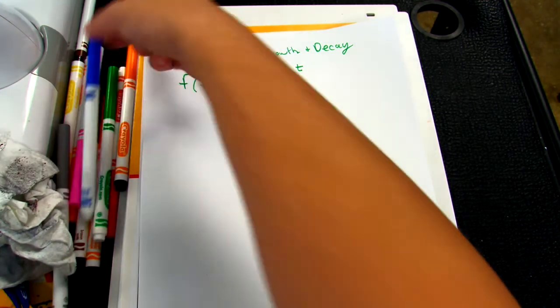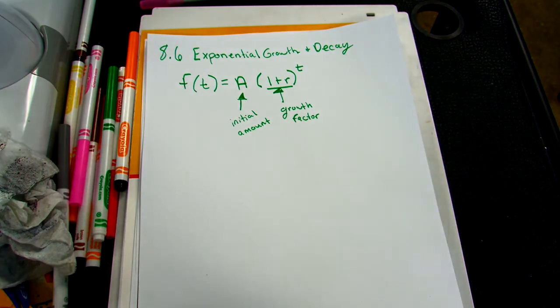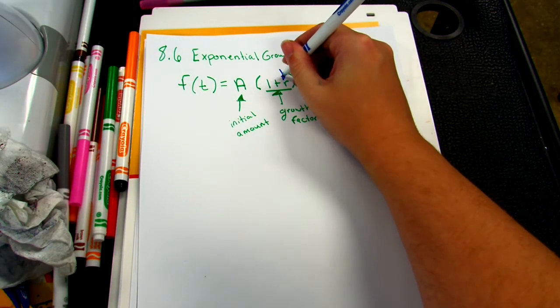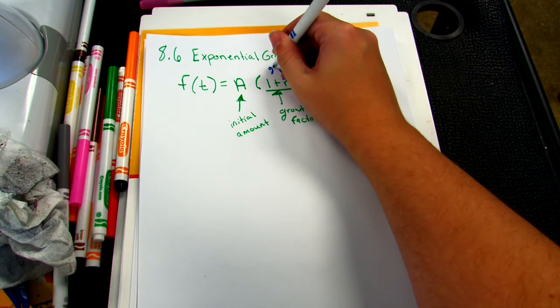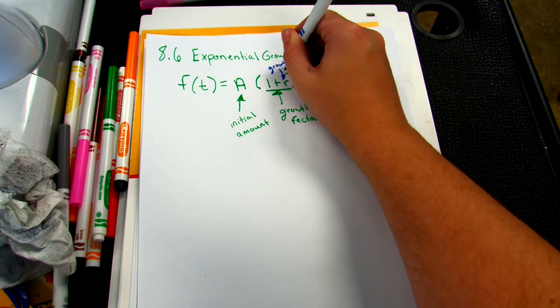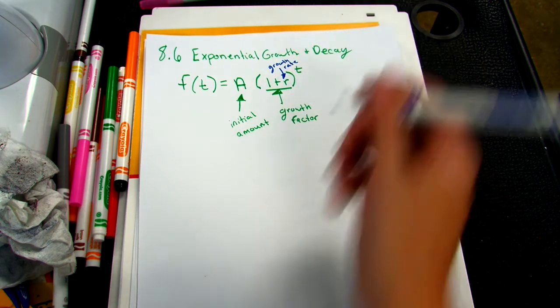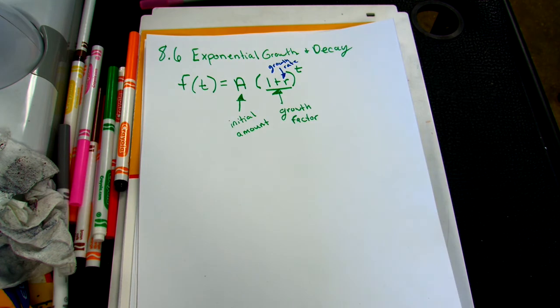So R represents the growth rate, which is usually going to be a percent. For example, your growth rate might be 50%. If your growth rate is 50%, we can't add 50% to 1. We have to make 50% a decimal first, so it would be 1 plus 0.5. Well, 1 plus 0.5 is 1.5.